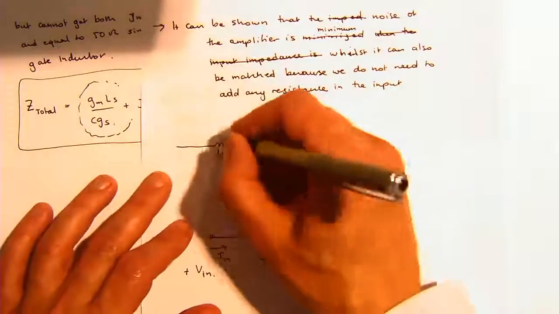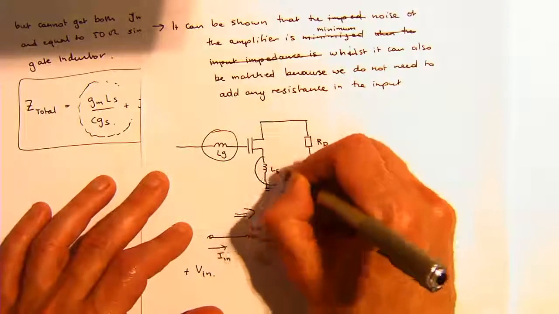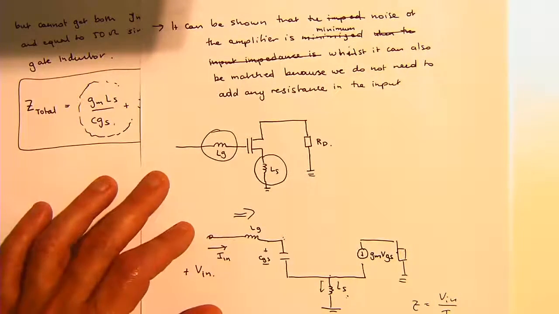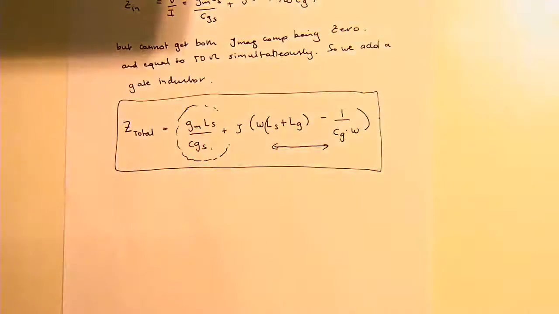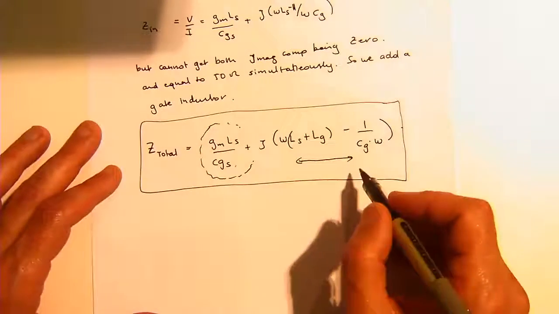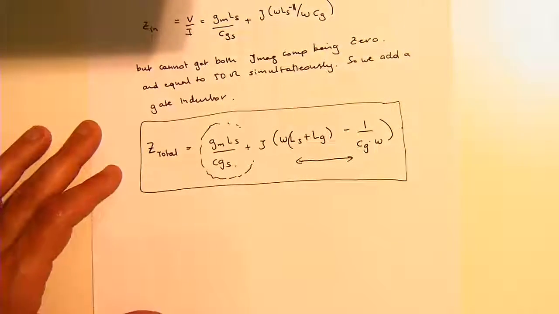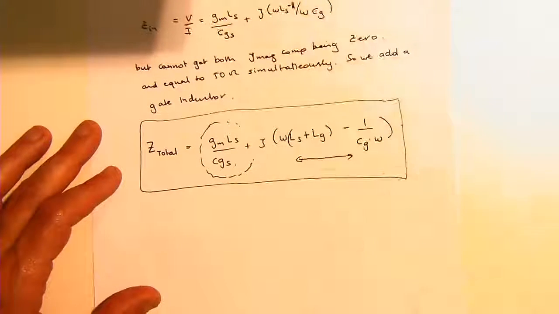We've added these two elements, and we've now got a real plus an imaginary component.